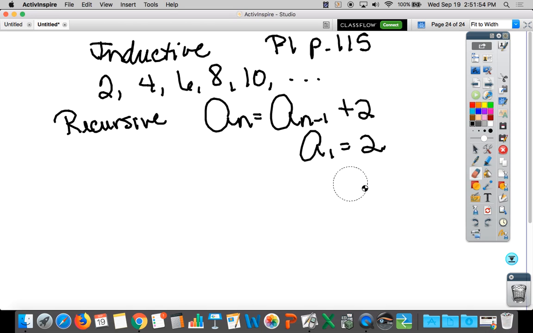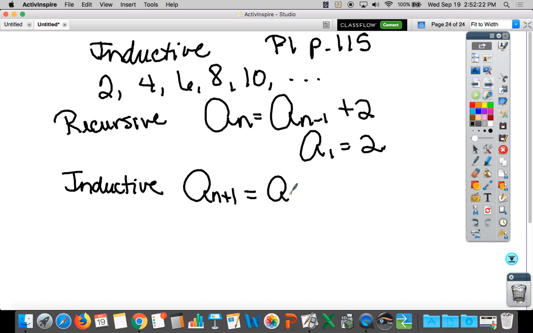The way they write it as an inductive is they look at it not from the previous term, but from the next term. So they're not saying from the previous, so you start with a sub n plus 1. What is the next term going to be? Well, it's this term plus 2. Now, let me show you the long of it, and then I'm going to show you the short of it. And a sub 1 is still 2.